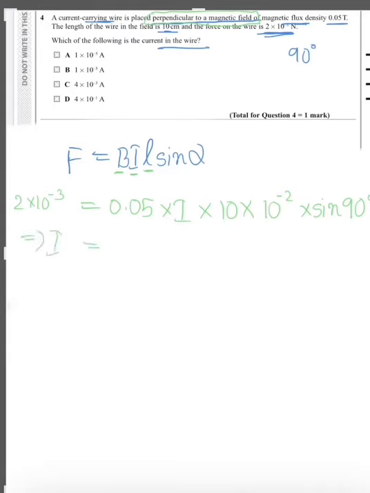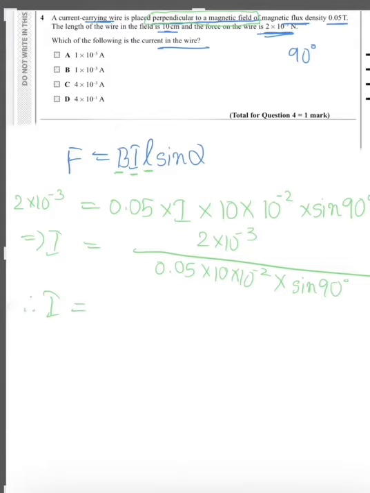So the current will be 0.4 ampere. So the answer to this question is D, since 4 into 10 to the power minus 1 ampere is 4 into 1 by 10 ampere, which is 0.4. So the answer is D.